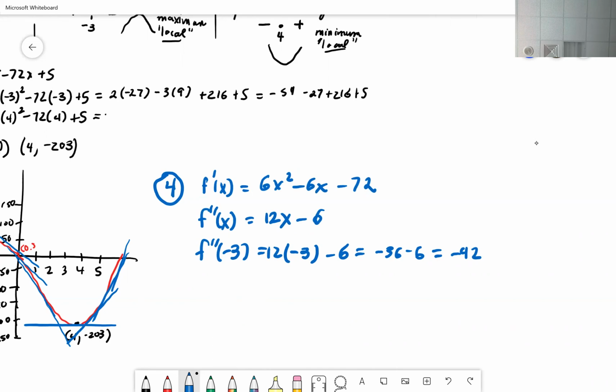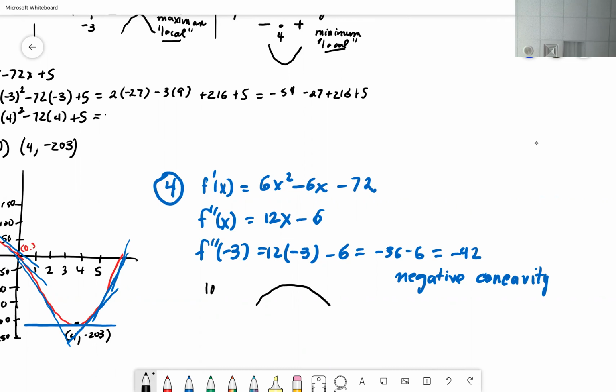And if your second derivative has a negative value, it implies negative concavity, which looks like this.